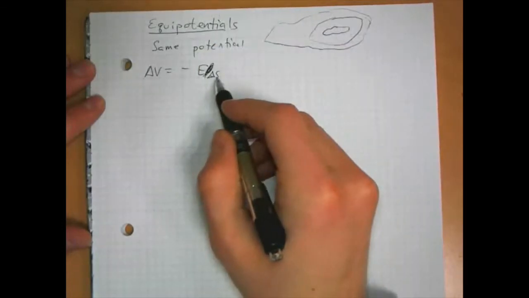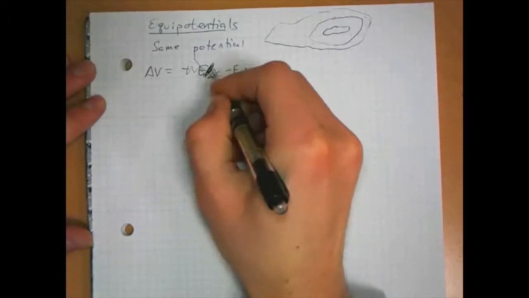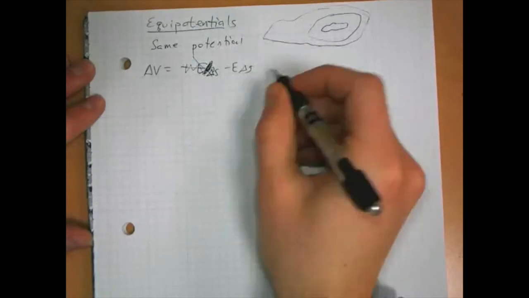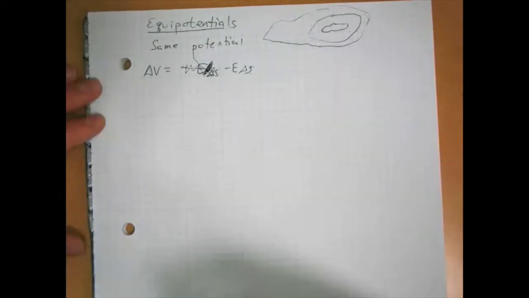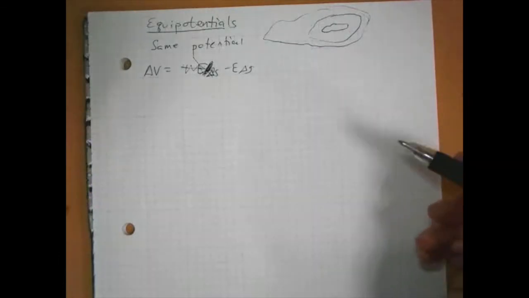Well, if this displacement is perpendicular to the electric field, then there is no displacement in the direction of the electric field, and the change in potential is zero. So the E field is perpendicular to an equipotential.